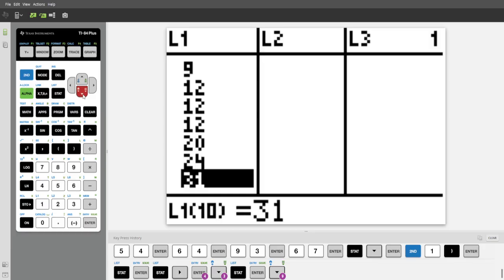And if you keep going, 37 appeared twice. But 12 is still the mode because 12 appeared 3 times.